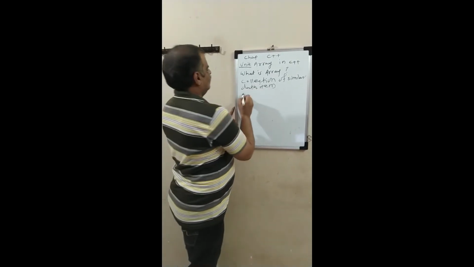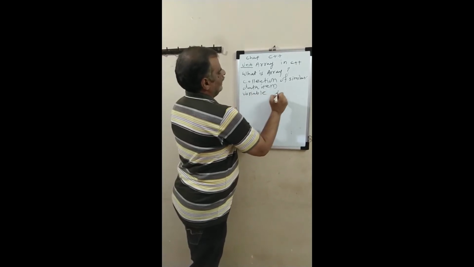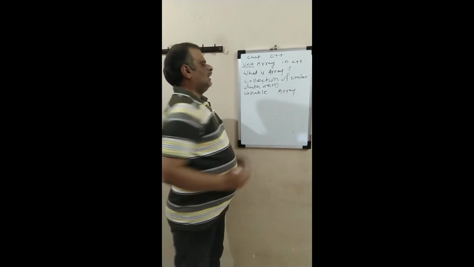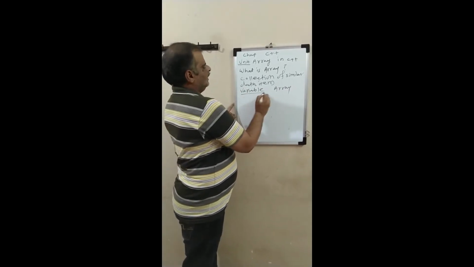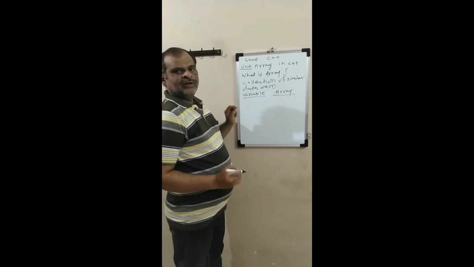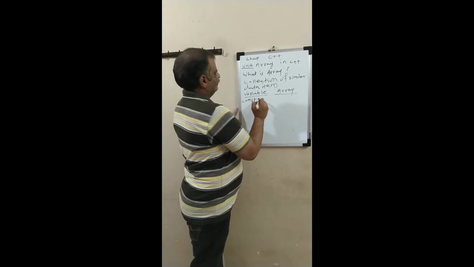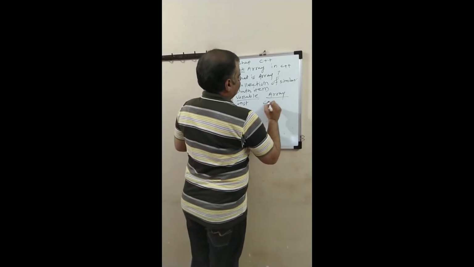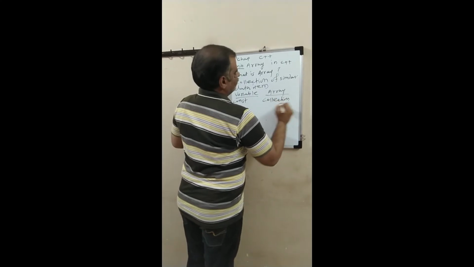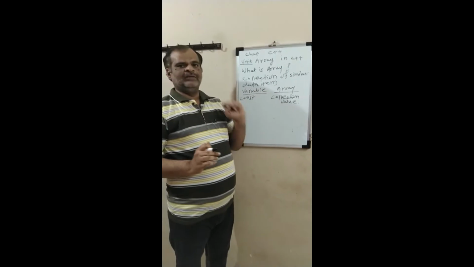Then what is the difference between a variable and an array? Both are variables. A variable stores only one constant value, while an array stores a collection of constant values. This is a major difference between a variable and an array variable.